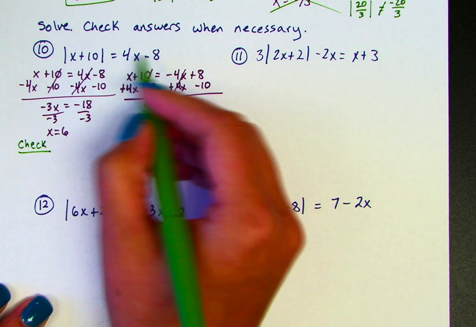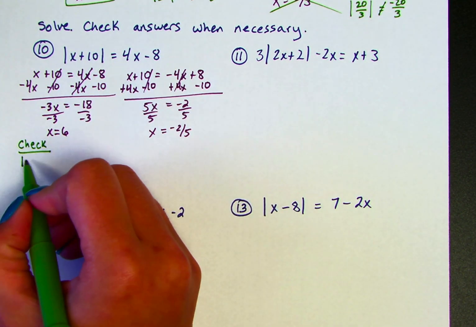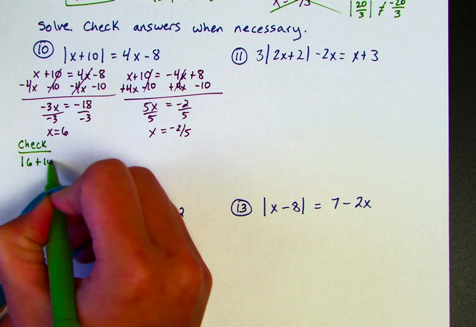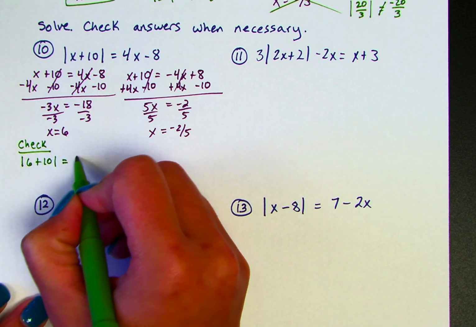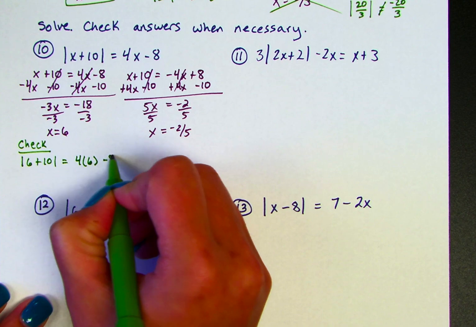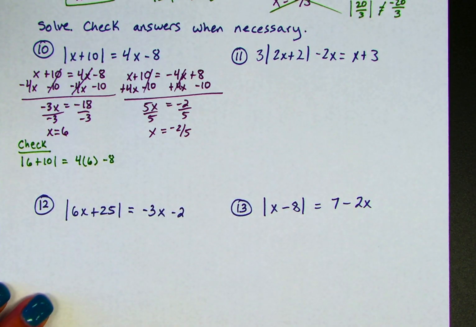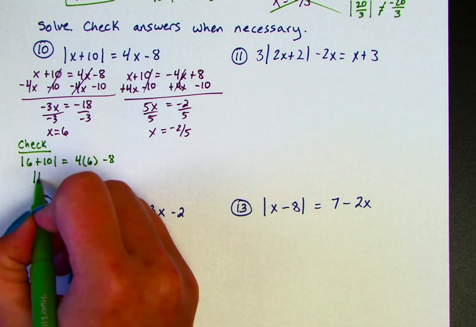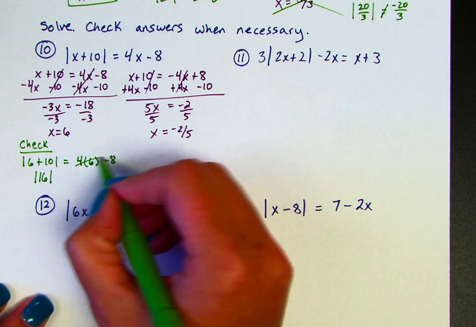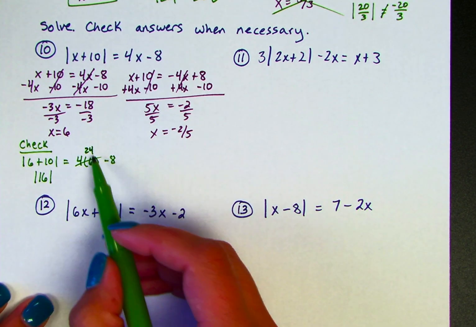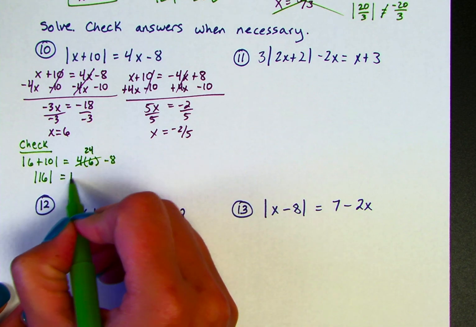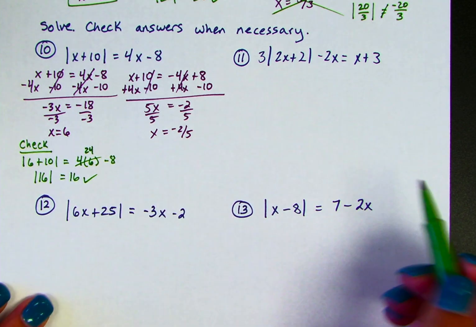Okay, so we have to go back to this step. So I will have 6 plus 10, and then 4 times 6 minus 8. So we're just checking to see if that's a true or a false statement. So this will give me the absolute value of 16. This is 24. 24 minus 8 is positive 16. So that is a true statement.